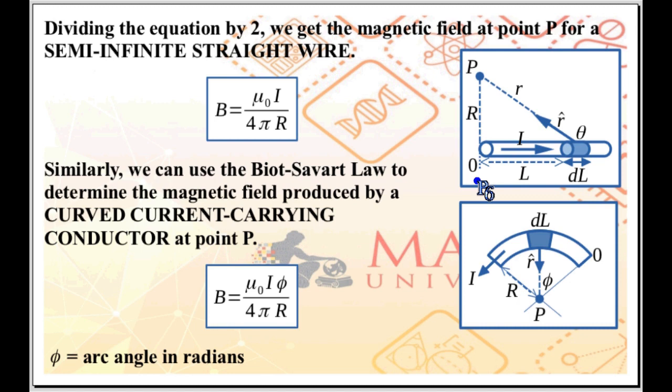Align the thumb of your right hand with the direction of the current, and the direction in which you close your fingers will give you the direction of the magnetic field at point P. Right-hand rule simplified for this situation. You may also use that same right-hand rule for the curved current-carrying conductor. Again, you can also go back to the very basics, apply the right-hand rule of the cross product if you want to.